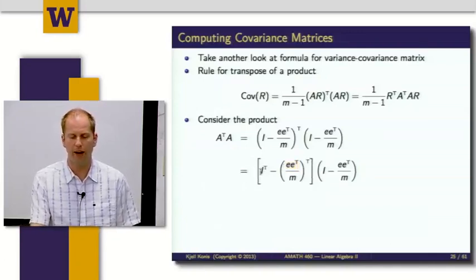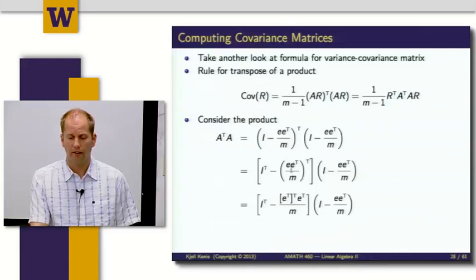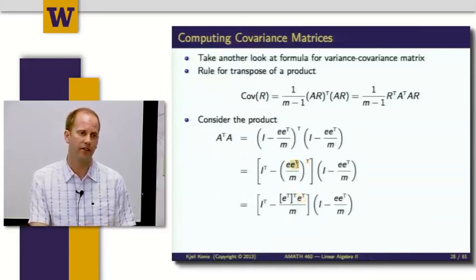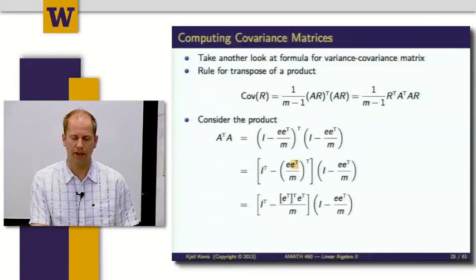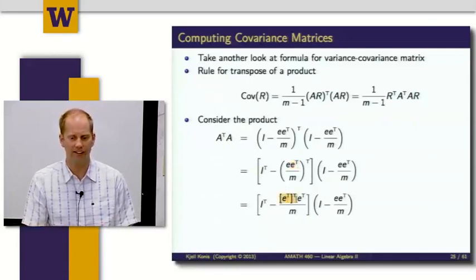So this will become I, and I'll have to see what happens to this real quick. This E gets transposed, and I swap the order, so that becomes this E transpose here. This E transpose gets transposed, and I swap the order, so that becomes this E here.